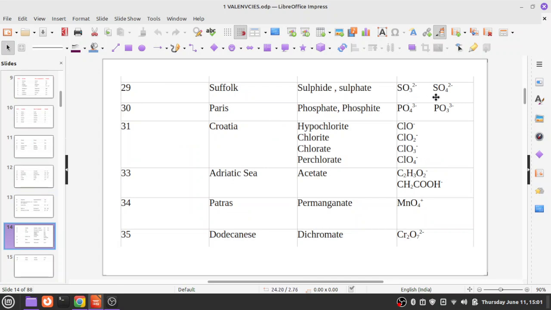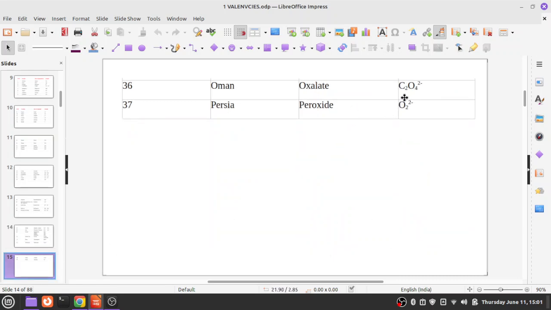Sulfite SO3 2 minus, sulfate SO4 2 minus, phosphate PO4 3 minus, phosphite PO3 3 minus, hypochlorite ClO minus, chlorite ClO2 minus, chlorate ClO3 minus, perchlorate ClO4 minus, acetate C2H3O2 minus or CH3COO minus, permanganate MnO4 minus, dichromate Cr2O7 2 minus, oxalate C2O4 2 minus, peroxide O2 2 minus.